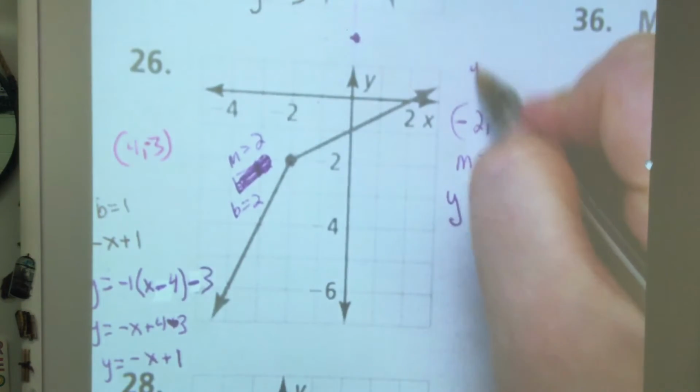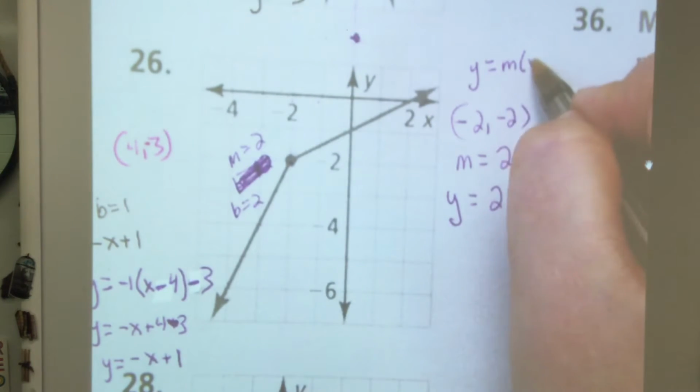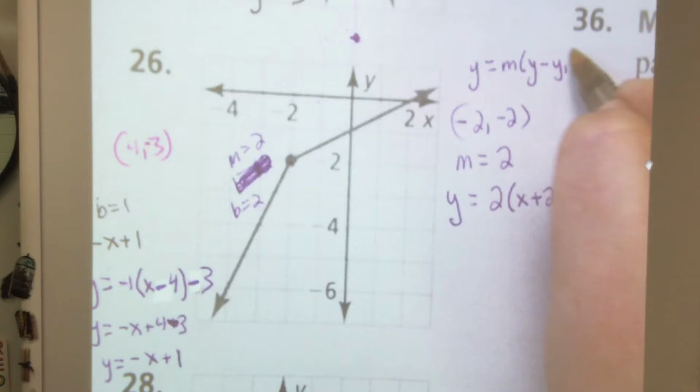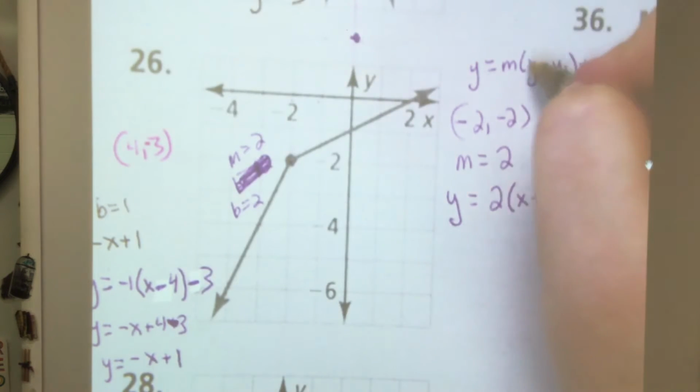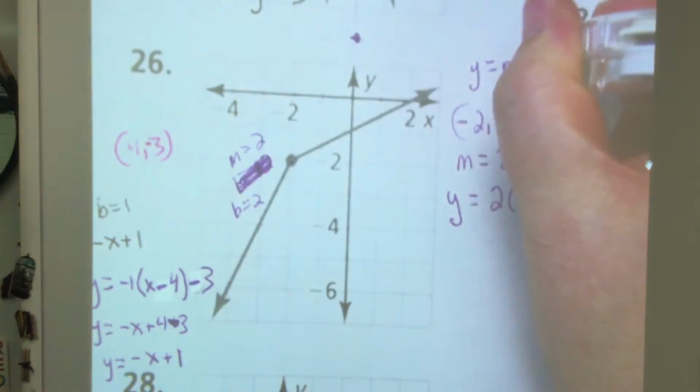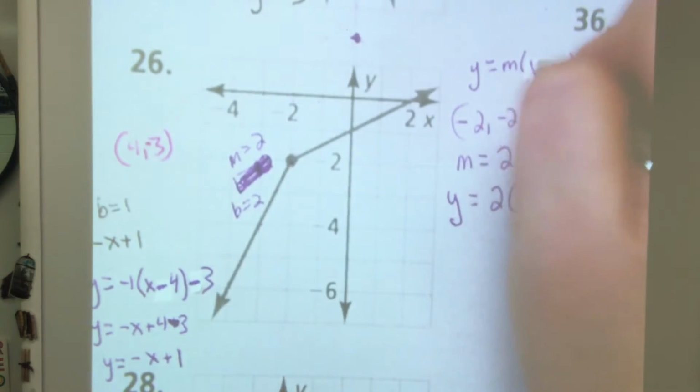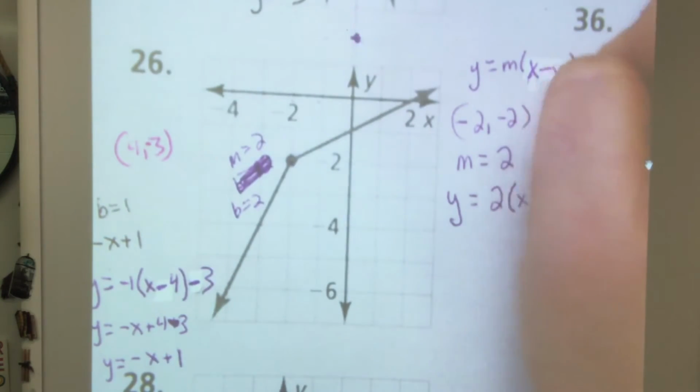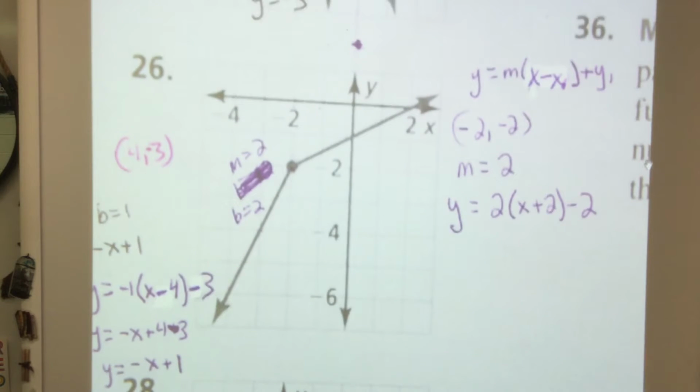Remember, our original equation is y equals m times x minus x1 plus y1, and oops, oh my goodness, these are x's on the inside, x minus x1, looks really bad.